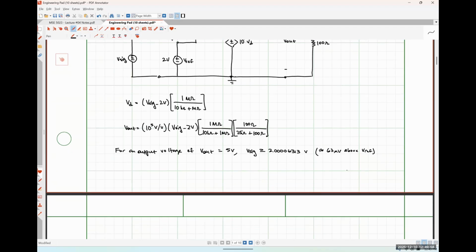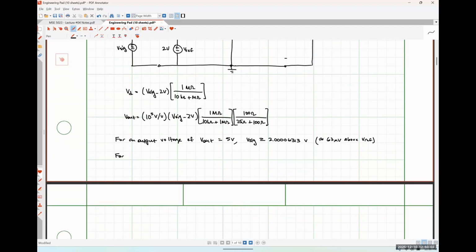And similarly, for an output voltage of Vout equal to negative 5 volts, we'll see that Vsig will be less than or equal to 1.9993688 volts, which is approximately 63 microvolts below Vref.